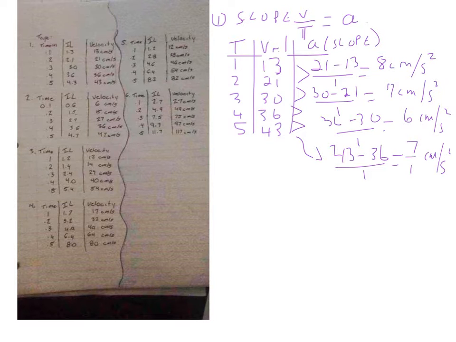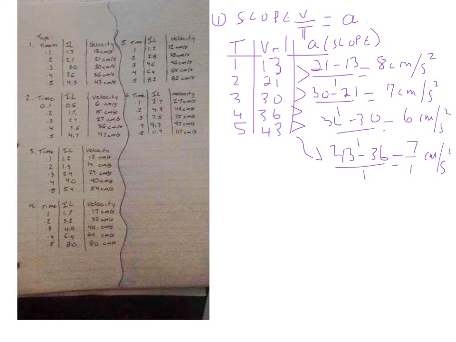If you look at your numbers, if this was supposed to be a curve of best fit, then what we would be finding is that the slope should be increasing as we go up the chart. And we're not seeing that. We're seeing 8, 7, 6, 7, and it looks almost like it should be a constant slope of 7.